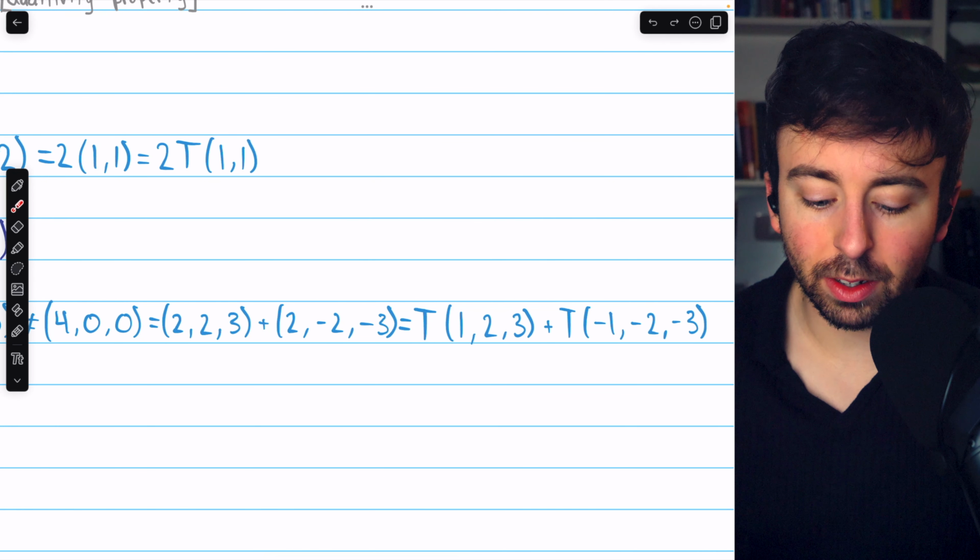Remember, it multiplies the x and y components together. Negative 1, negative 2, negative 3 gets mapped into 2, negative 2, negative 3. And when we add these two images together, we don't get 0, 0, 0 like we got before. We get 4, 0, 0. So clearly, this transformation violates the additivity property, hence it's not a matrix transformation.